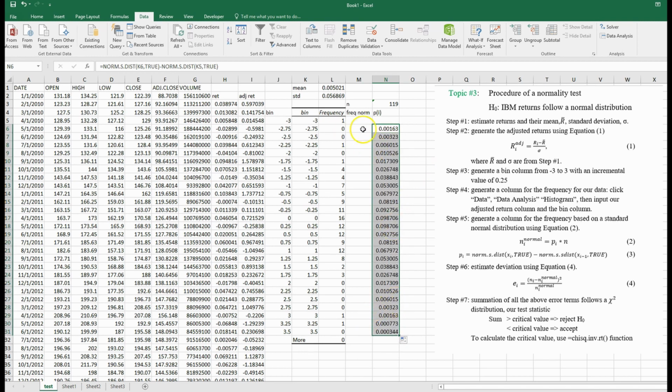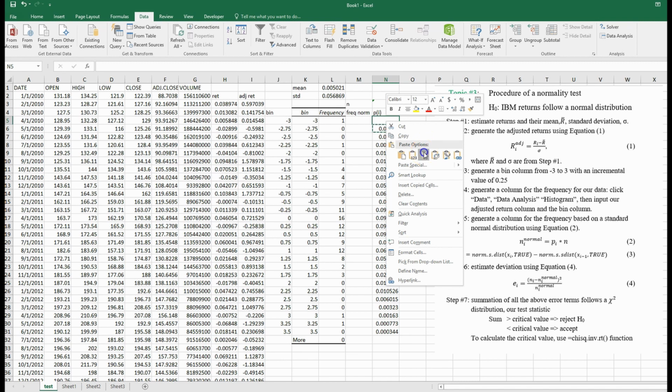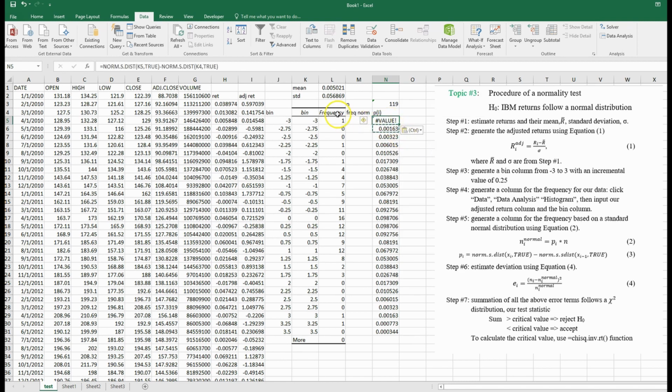For the first one, we copy and paste and we are going to see an error message because this is not a number, so we can manually enter. This is -3, so we manually enter -3.25.